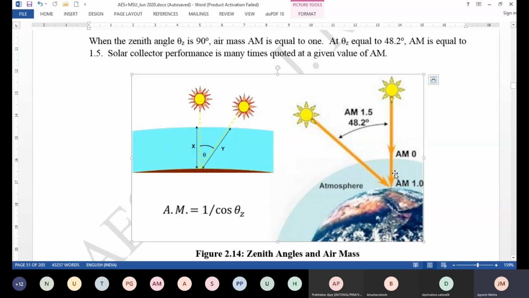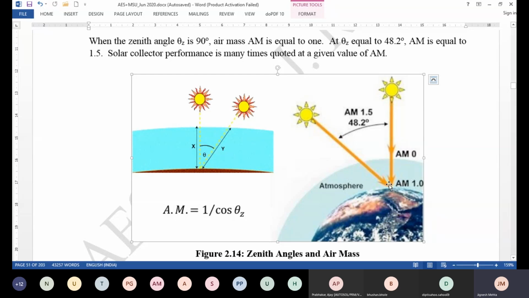Because of the scattering, there will be some absorption. All these phenomena occur more obviously if the sun ray is coming from an angle. The most ideal case, AM 0, you can't achieve because you are on the surface of the Earth. So the most ideal thing on the surface of the Earth is AM 1, where there will be the least attenuation of the solar radiation. You will get more direct radiation and less diffuse radiation, provided that there are fewer clouds and less pollution. That hardly happens, though.